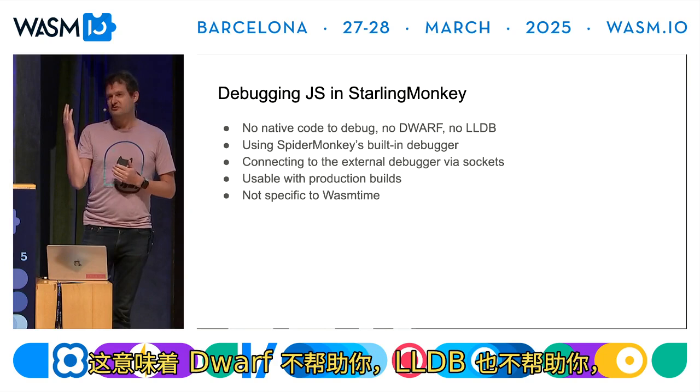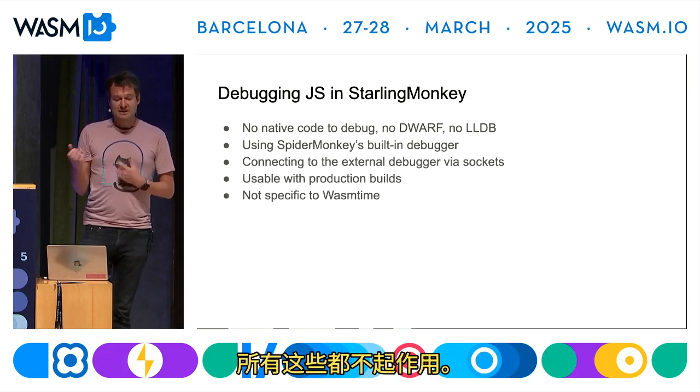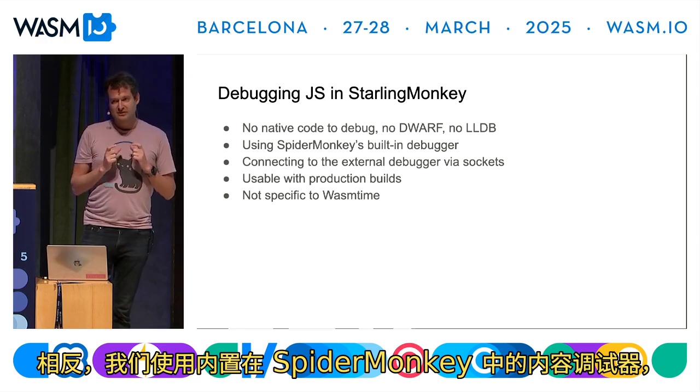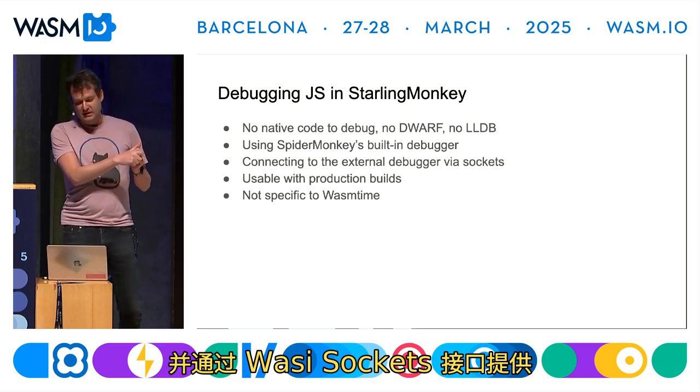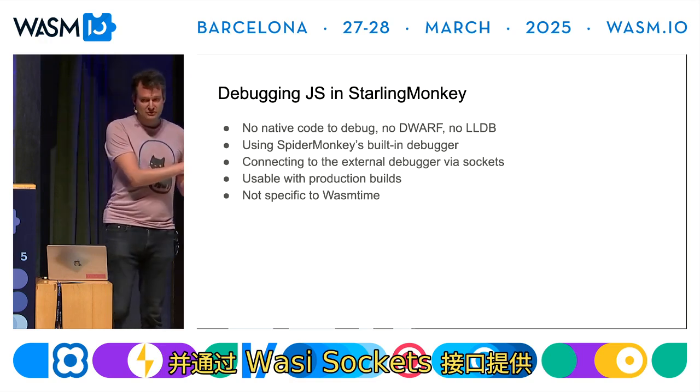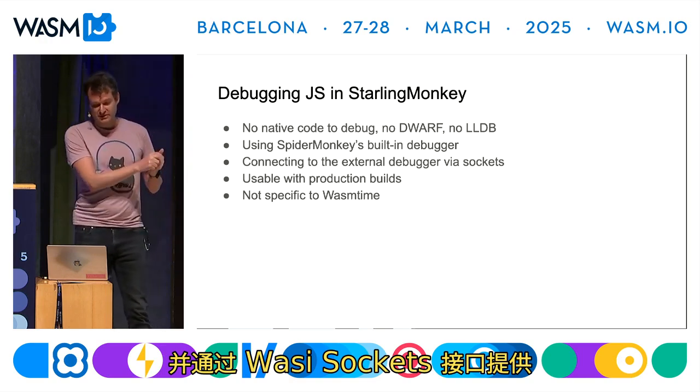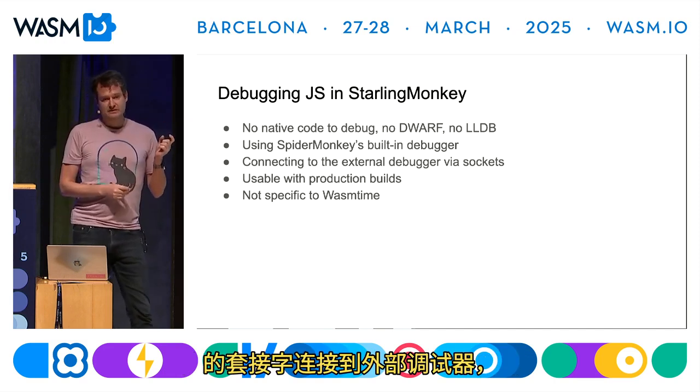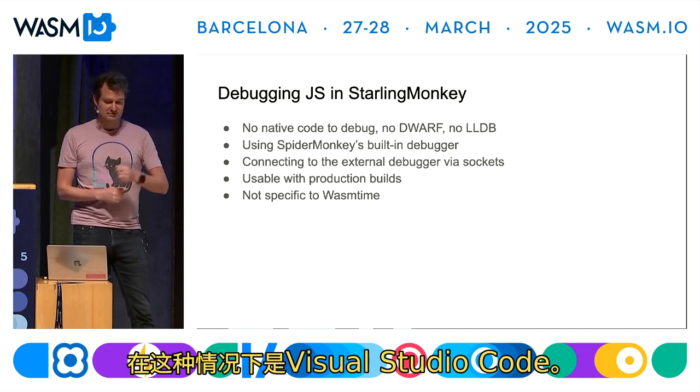And that means DWARF doesn't help you, LLDB doesn't help you, all of this. Instead, we are using the content debugger that is built into SpiderMonkey, and we are connecting to an external debugger, in this case Visual Studio Code, via the socket connections that the WASI sockets interface provides.